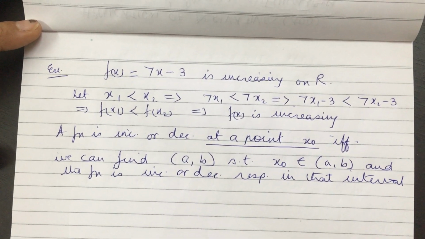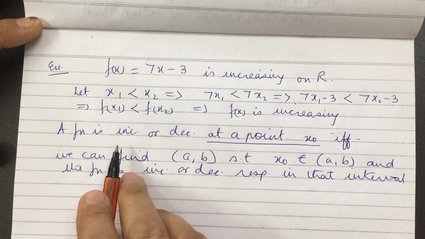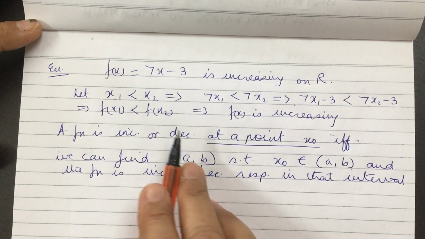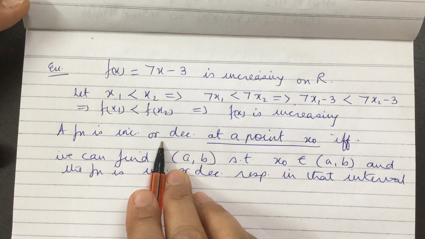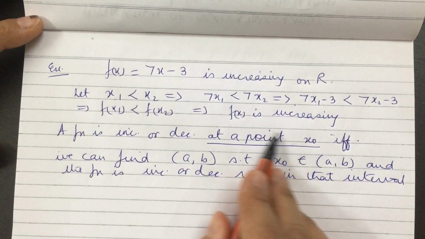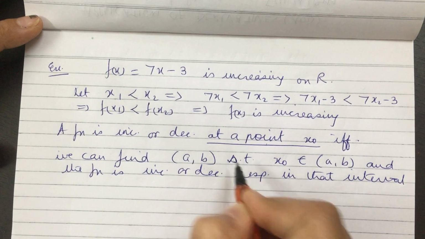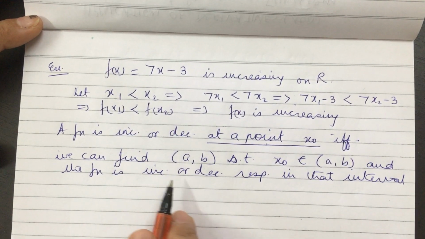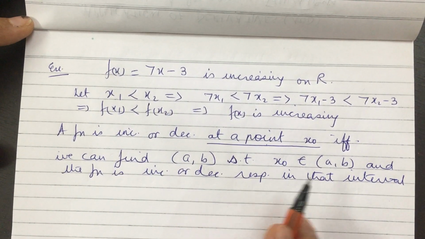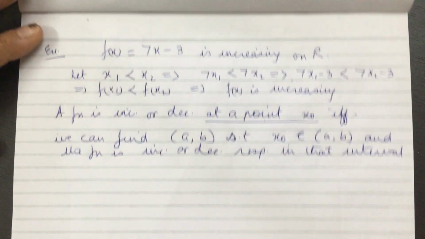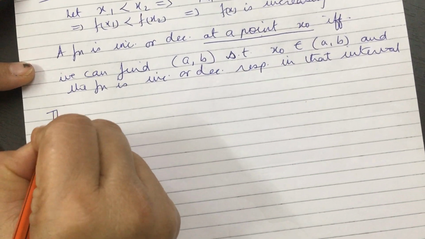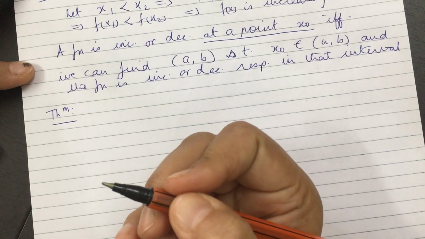So what we see is that to check the increasing or decreasing quality of a function at a point, we simply need to find an open interval containing that point such that the function shows increasing or decreasing property in that interval.